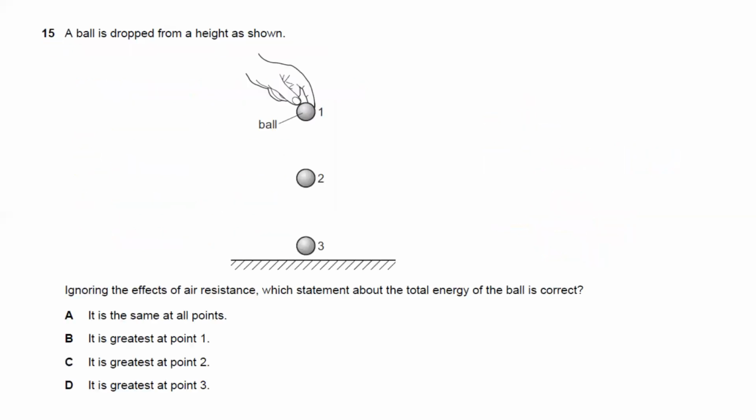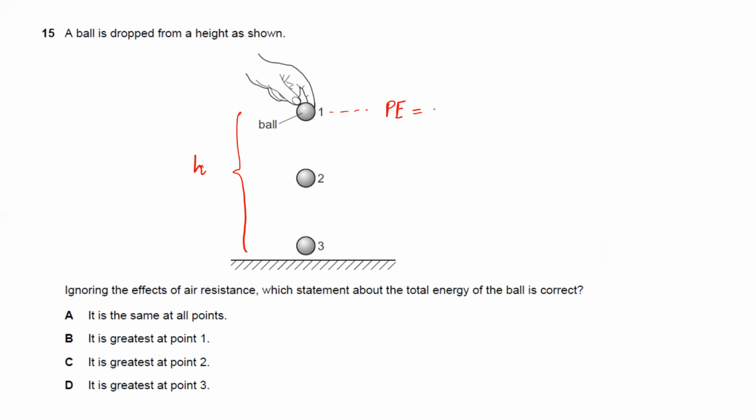Question number 15. It says a ball is dropped from a height as shown, ignoring the effects of air resistance. Which statement about total energy of the ball is correct? So before going to the statements, let's see what happens here. At this point, say this is height h, the ball will have only potential energy.